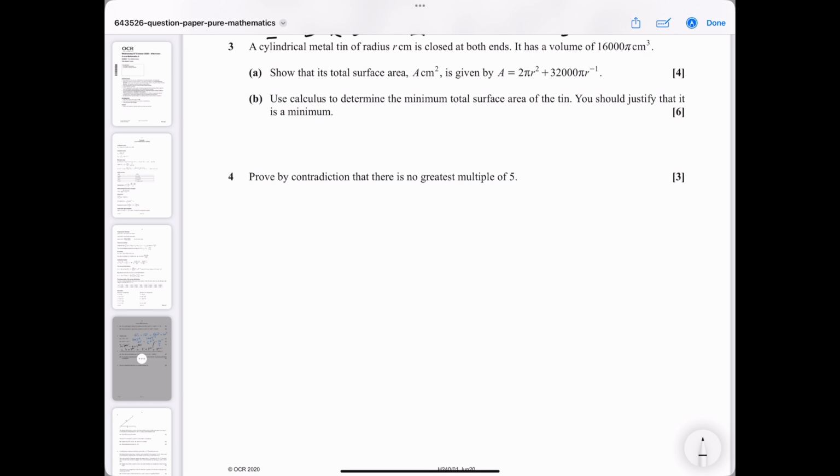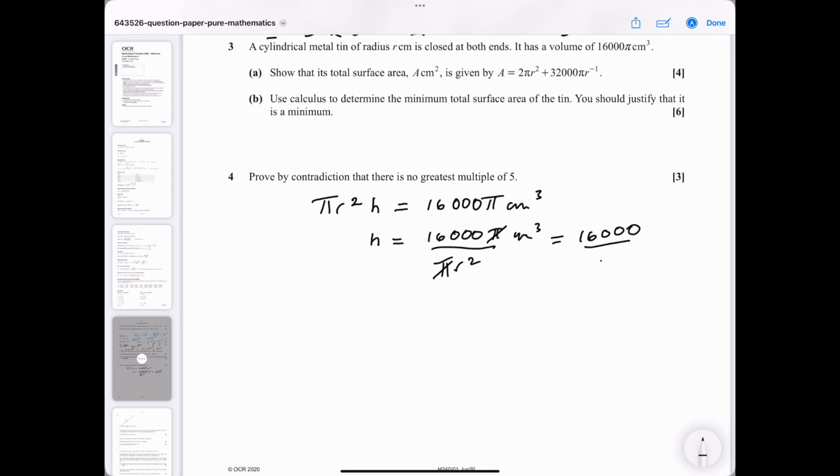So that means we know that pi r squared times h equals 16,000 pi centimetres cubed, which means we know that h would equal 16,000 pi centimetres cubed over pi r squared, and we can get rid of the pi's on that one, so we just go 16,000 over r squared.